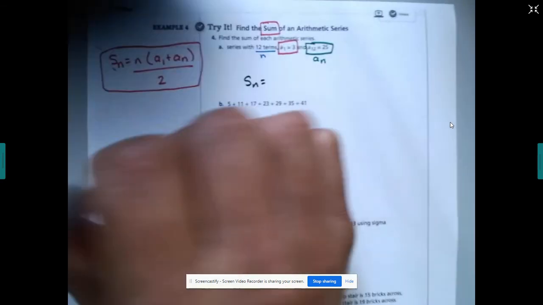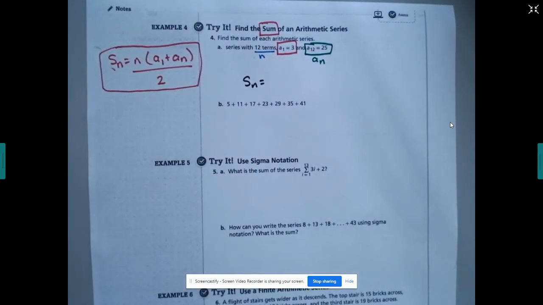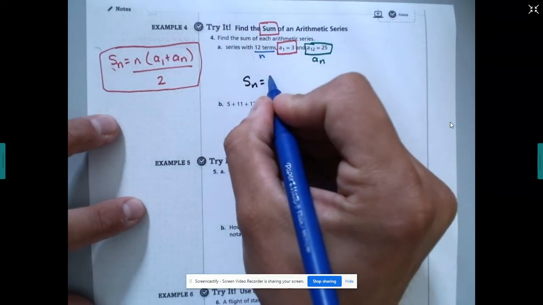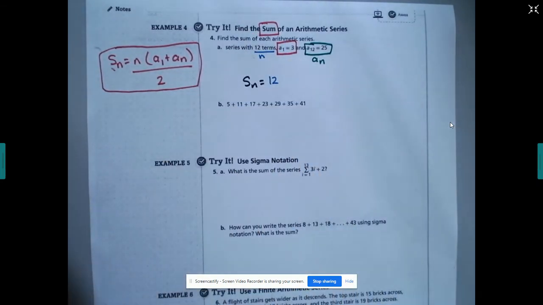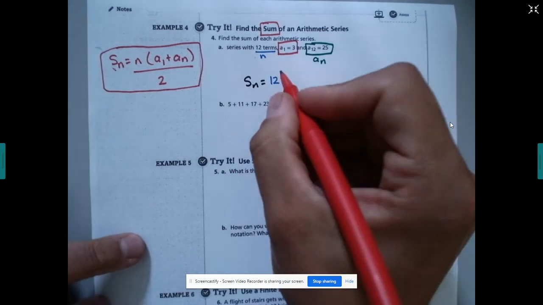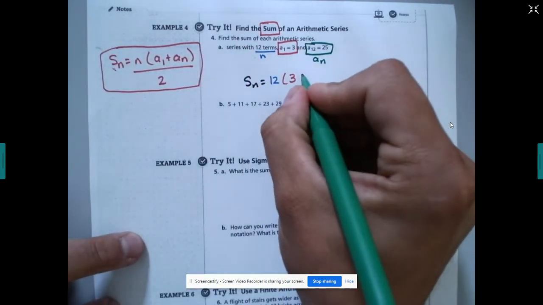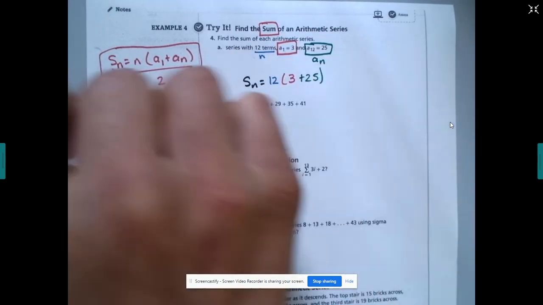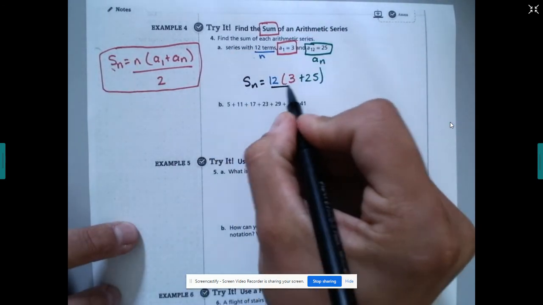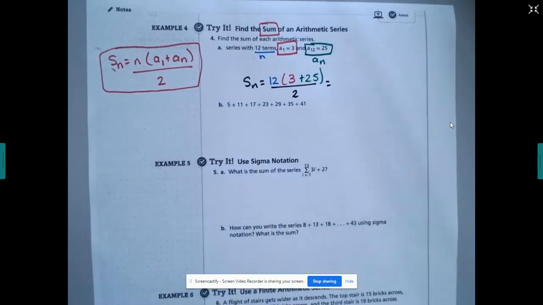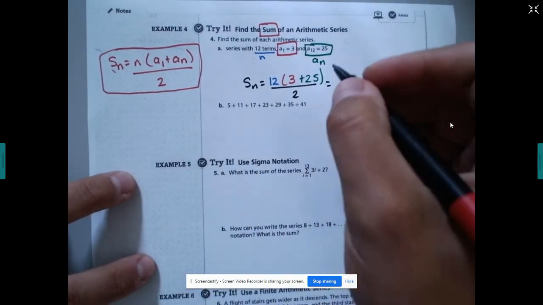So S sub n equals n, which is 12, parentheses, a1 is 3, an is 25, divided by 2. And we're just going to solve that. So we start inside the parentheses.